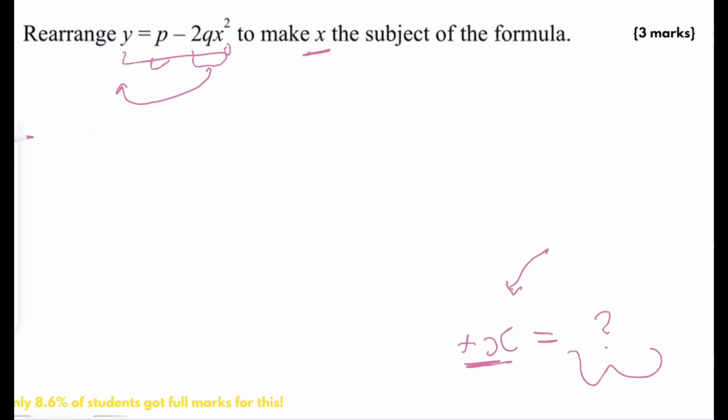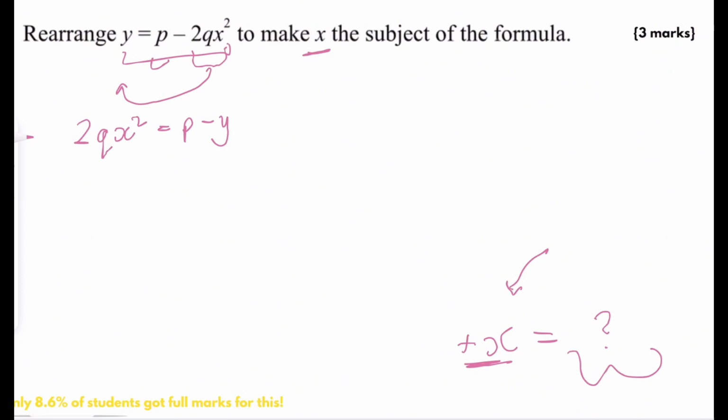And then move everything else to the other side. So that would just be y to the other side. So that would be positive 2qx squared is equal to p minus y. Okay. So that'll be p minus y.